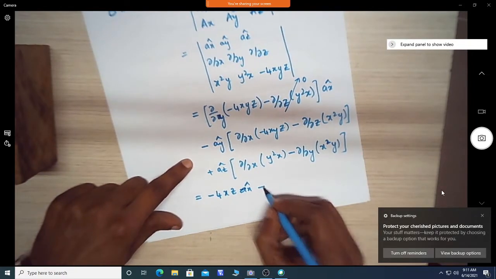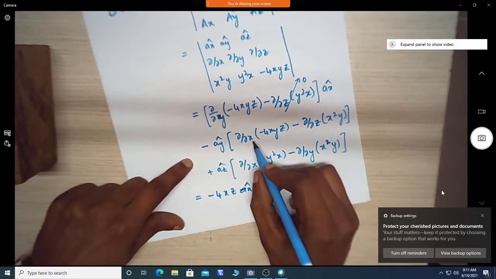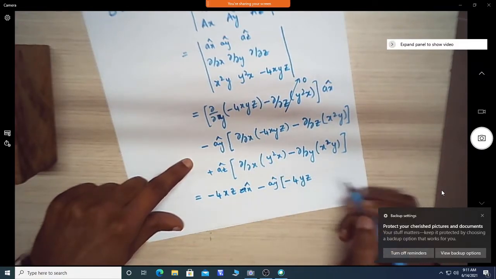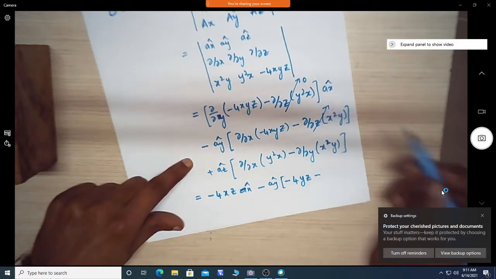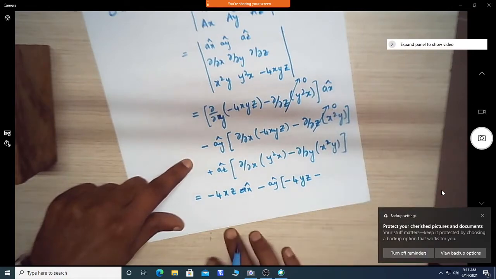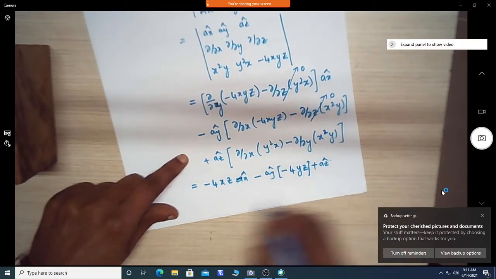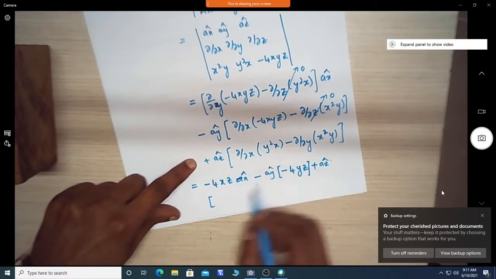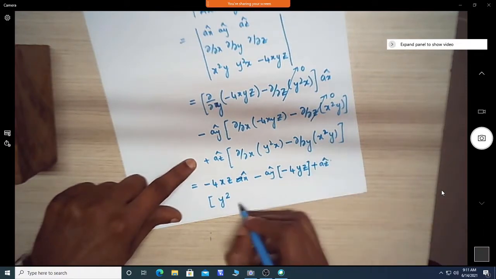Okay, so minus, in the ay direction, differentiate with respect to x, we will get minus 4yz and minus, with respect to z again it will go to 0. Similarly, plus in the az direction, with respect to x, if you differentiate you will get y square, and if you differentiate with respect to y you will get x square.